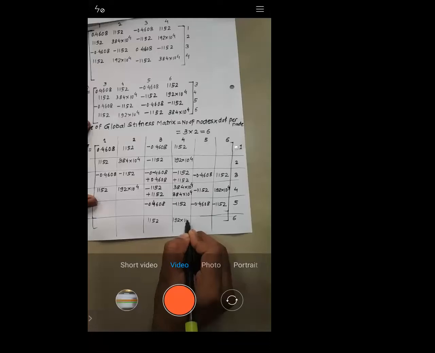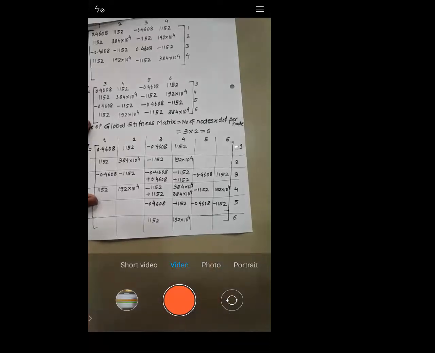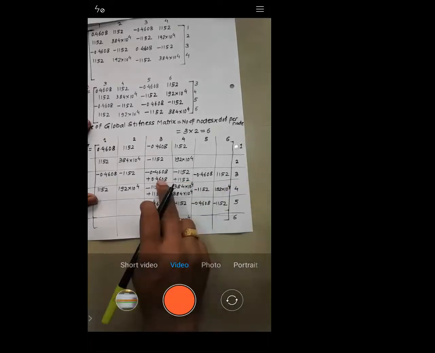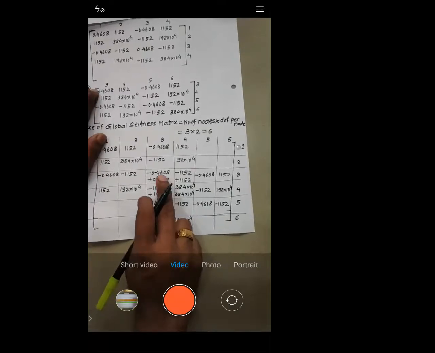Sir, 192. There is a mistake in the third column. Third row, third column. Sir, both are positive. Which is positive? Both are positive, 0.4608. So it is positive? I have written here everything negative for the upper one.